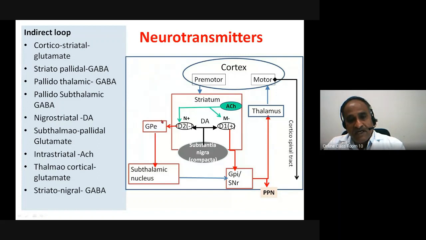From the globus pallidus to the subthalamic nucleus, the pallido-subthalamic tract, it is GABAergic. Then the subthalamo-pallidal tract is glutamatergic, and the pallidothalamic tract is GABAergic. Now, thalamocortical projections are glutamatergic. That is what I have mentioned here on the side of this particular diagram.